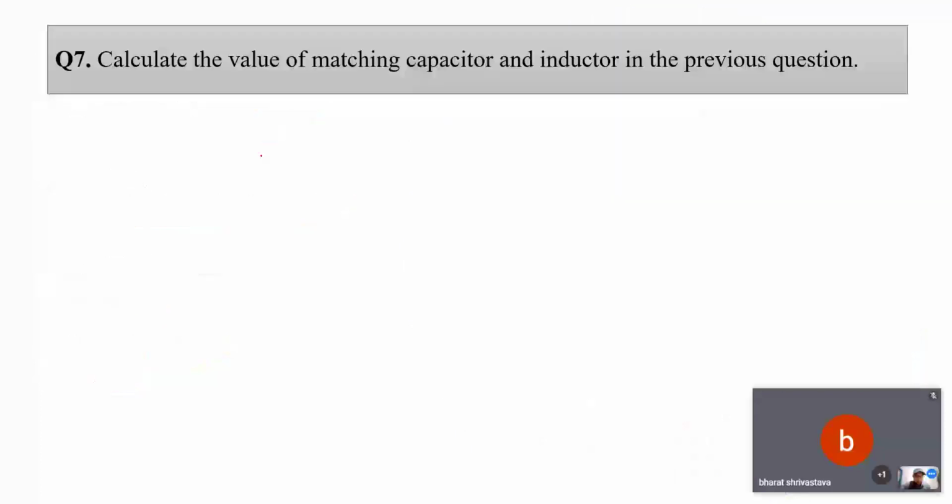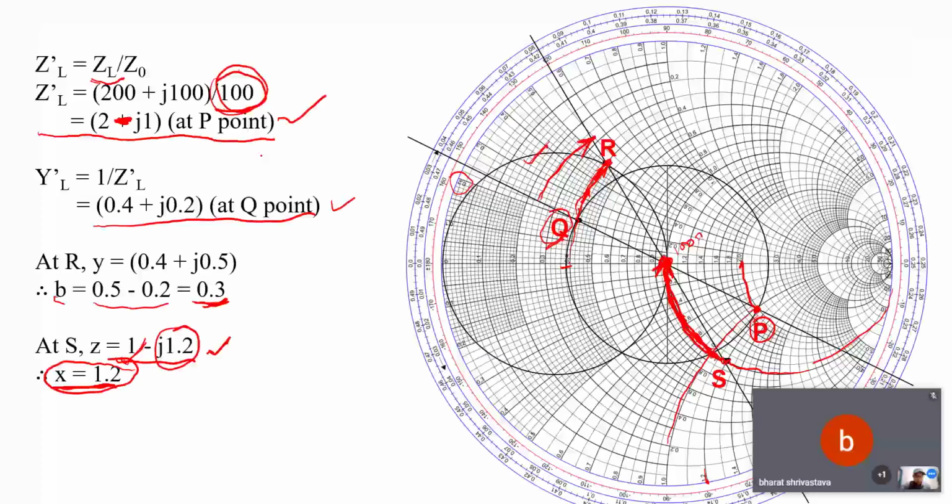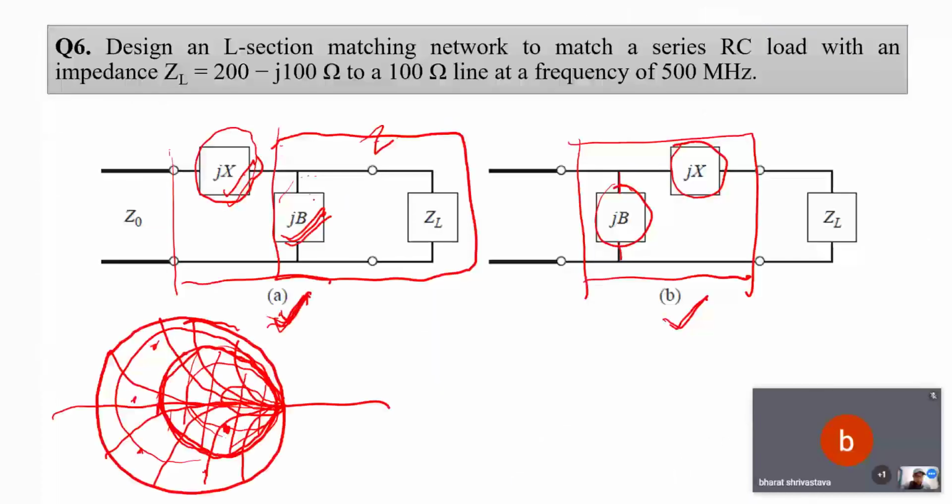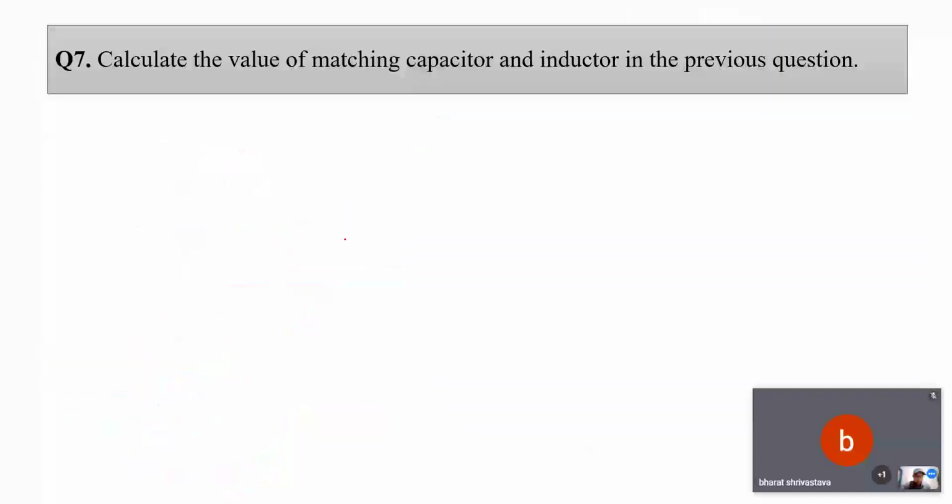Our next problem is related to the previous problem. There we found the values of B and X. But in practice, we have to insert a corresponding capacitor and inductor. So in this question we have to find the value of the matching capacitor and inductor.